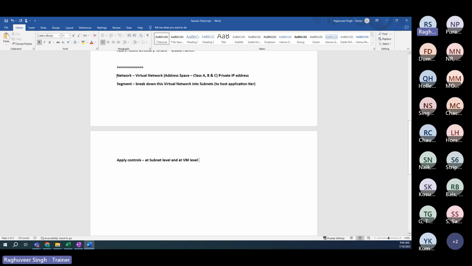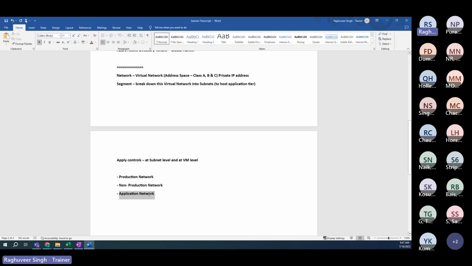Now there could be a scenario that you will have multiple networks. So what organizations typically do, they create multiple networks and they earmark those networks based on the application environment. So probably you have a production network, you have a non-production network, you may have a separate network for an application also. I'm saying there could be an application that you want to segregate from other applications within the environment.